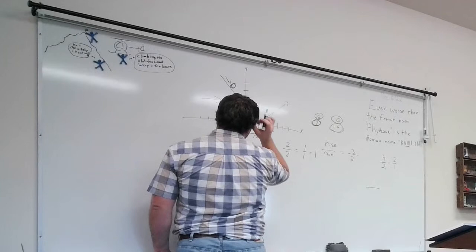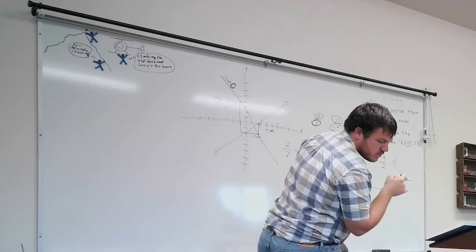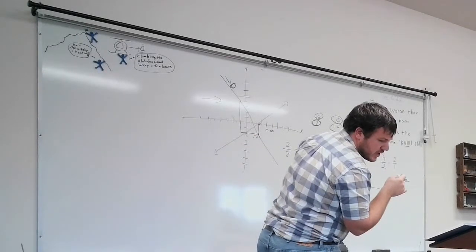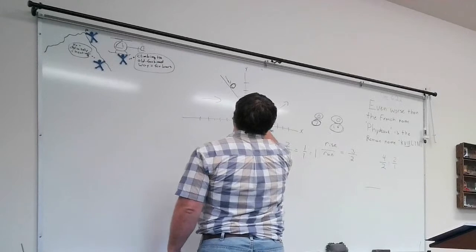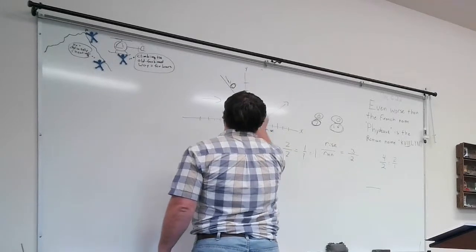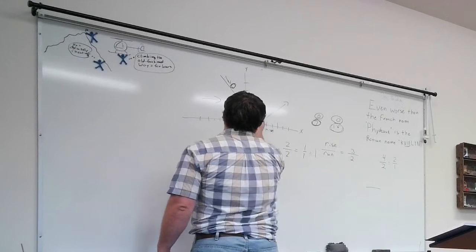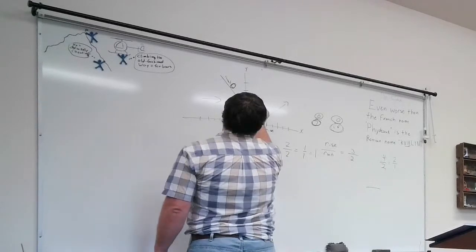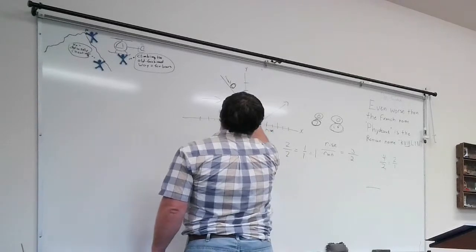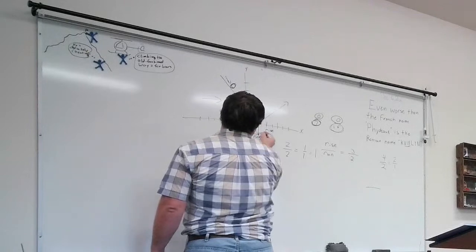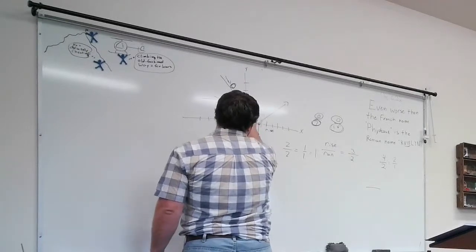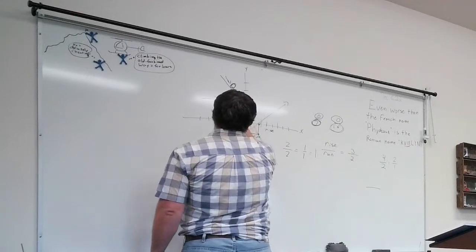You go like this. This is supposed to be number 3. 3, 2, 1. All right. So basically, we just count the distance between here and here, right? That's our rise. The distance between this point and this point is negative 5.